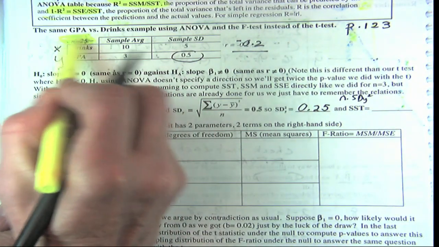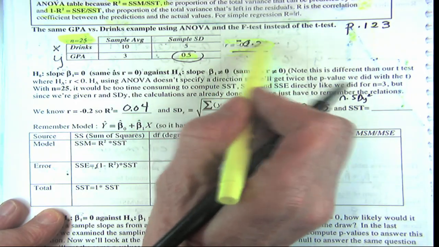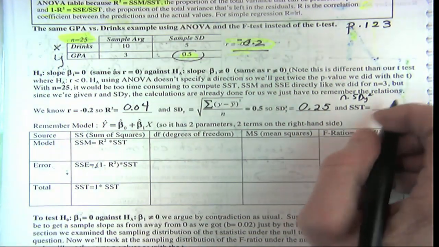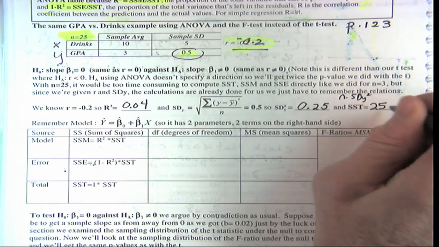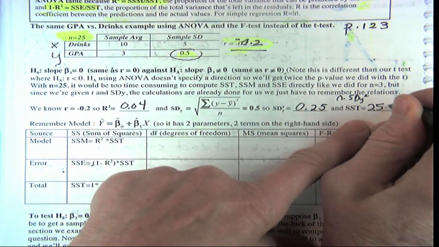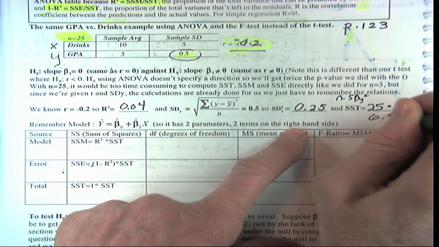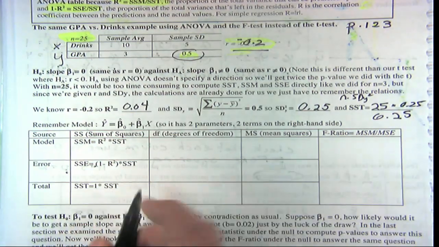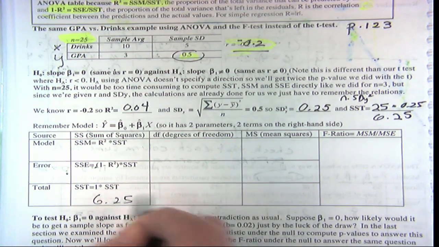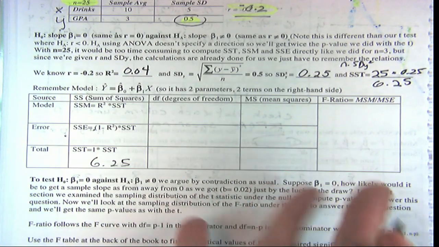All we're using is this and this right now. Okay? And so then we'll get 25 times that, and that's 6.25, which is our sum of squares total. So we can put that right there. Okay, so now we can fill out the table here.